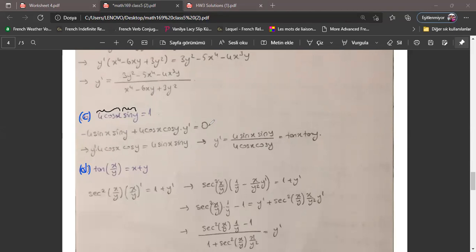On the right we have 0. Now the only thing we need to do is isolate y prime, which gives this. Just divide both sides by that part. So we get this, and you know sine over cosine gives tangent, so we can rewrite it in this form.